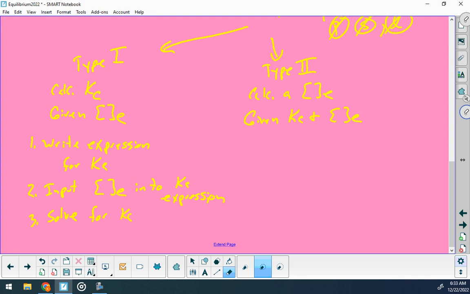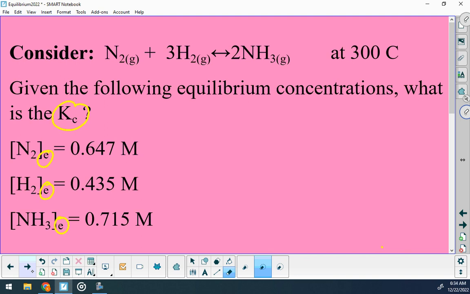Are you ready? Number one, what did we say? We want to write our Kc equation. So Kc is equal to, we're going to take our products' concentration at equilibrium and raise it to the power. My product is ammonia, so I'm going to take the concentration of my ammonia at equilibrium. Just to remind myself, I'm going to put a little e down there, and then put a 2 up here.